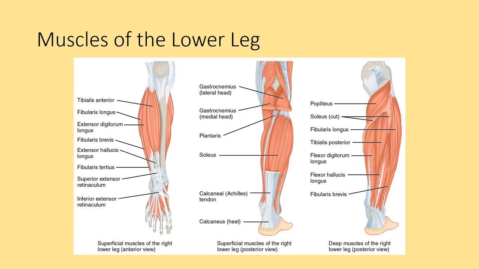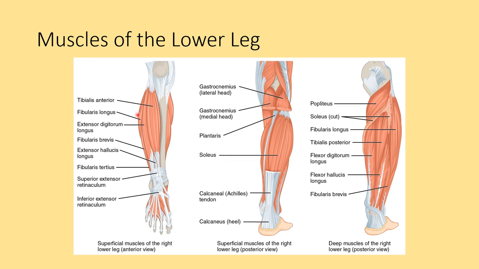When we look at the lower leg, the superficial muscles, you have your tibialis anterior. That's going to be right next to the tibia. Remember, in the leg, the tibia is the thicker bone because it's carrying all the weight. The fibula's diameter is much smaller because it's used a lot for muscle attachment points.